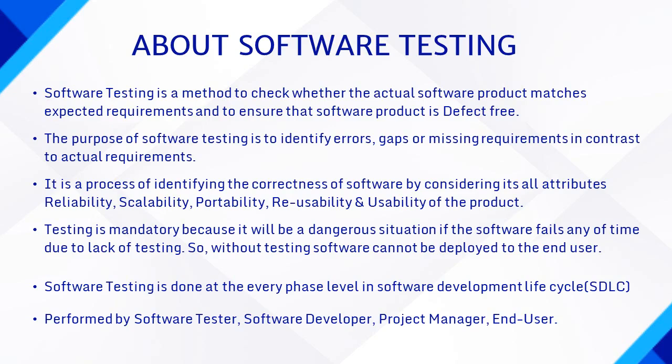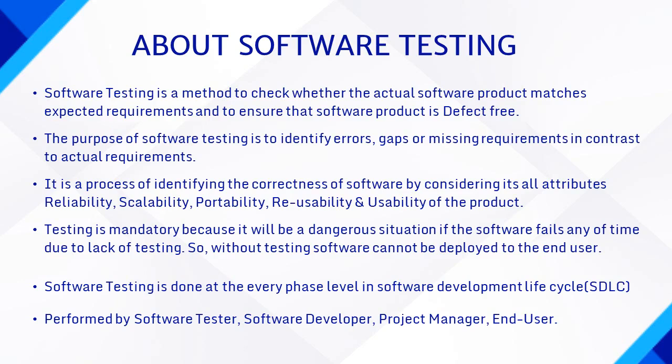When we test, we look at important attributes of the software, such as reliability, scalability, portability, reusability, and usability. Testing ensures that the software works correctly in all these areas.